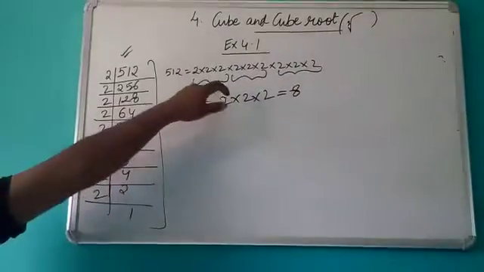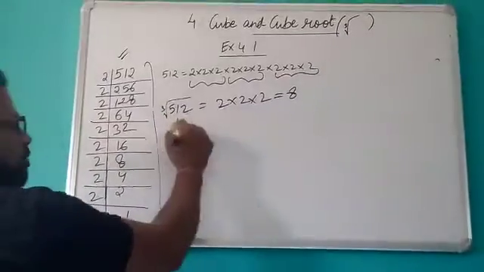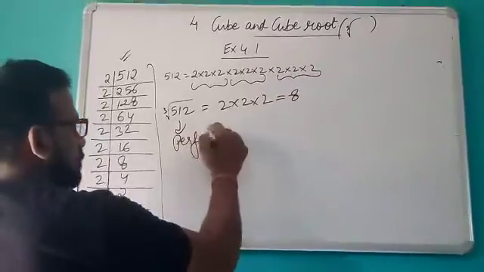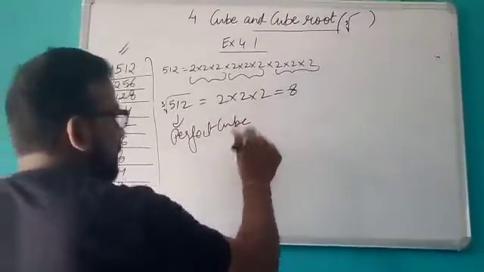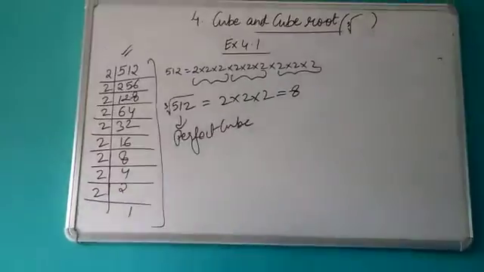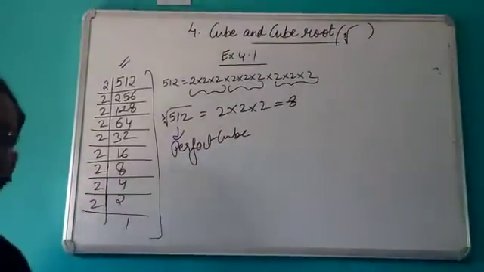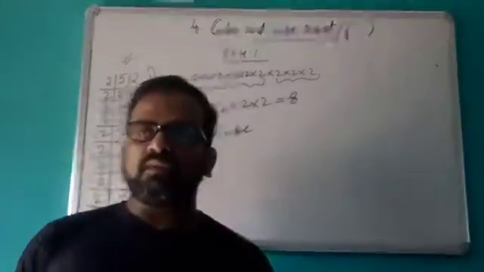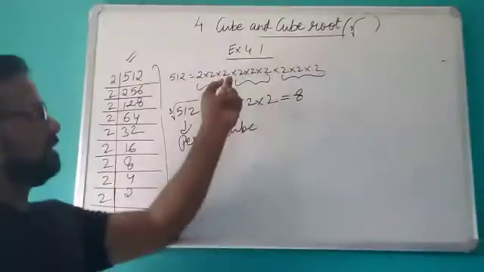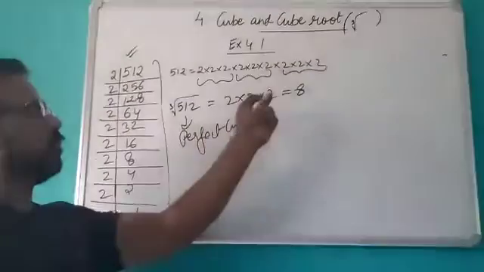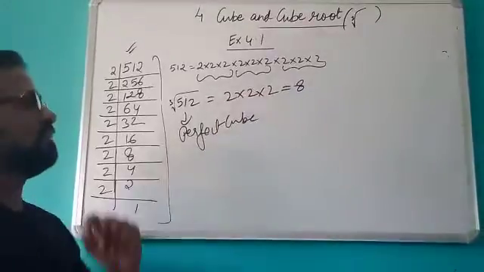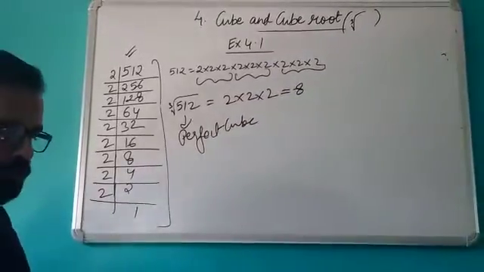There is no number left, so that means it is a perfect cube. Like this, if any prime factor is left without a group, that number will not be a perfect cube. And if all the prime factors have been exhausted after making groups of like factors, then that is a perfect cube.